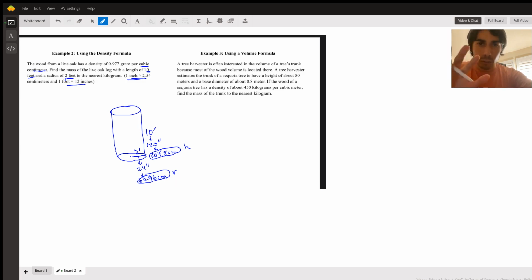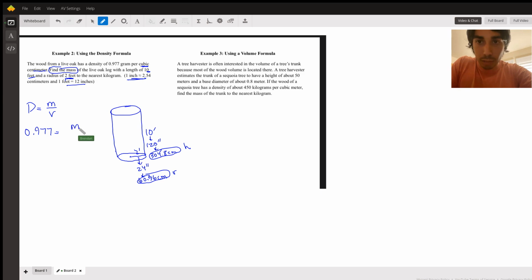All right. Don't forget, anytime we got density with volume, we want to keep going back to that formula. Density equals mass over volume. So our density is given. It's 0.977 equals the mass. And the mass is, again, what we're looking for, right? It says find the mass.